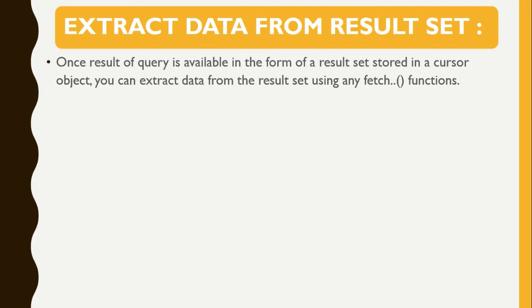So till now what we are doing, we are directly using my cursor for displaying the data, but now we will see the fetch function to extract the data. Remember, fetch function is very important for your examination. Basically we have three types of fetch function: fetchall, fetchone and fetchmany.